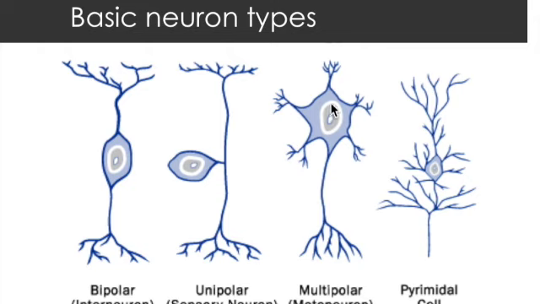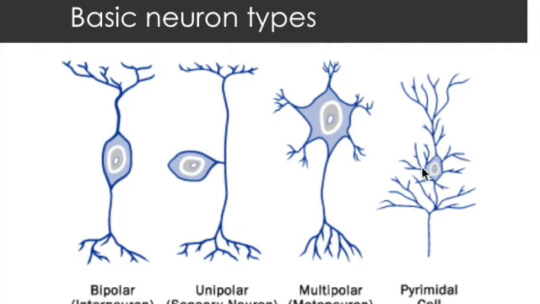When you're talking about the prototypical neuron, you're mostly talking about the multipolar neurons that have multiple dendrites that go into the cell body, which then go down the axon towards the axon terminal. But certainly we have other kinds of dendritic arborizations or tree structures that characterize different kinds of cells.